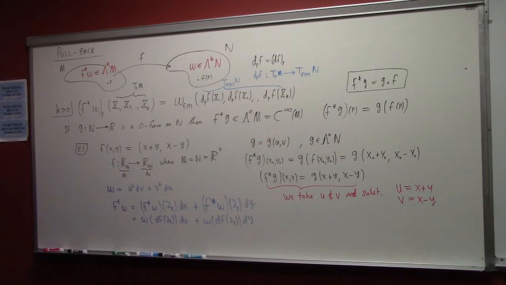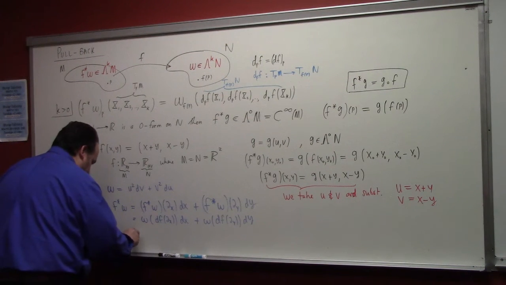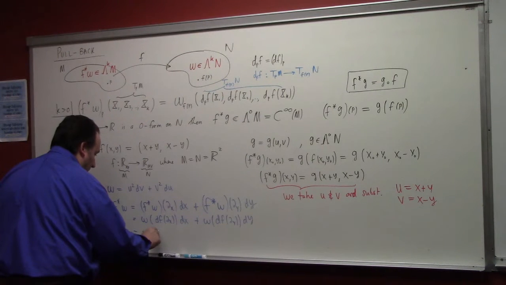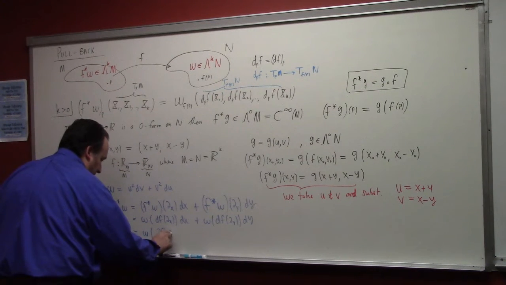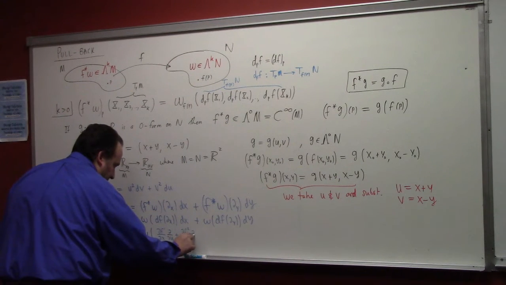So what is df of partial x? Well, that is, we've got omega of partial f1 with respect to x, partial u, plus partial f2 with respect to x, partial v.